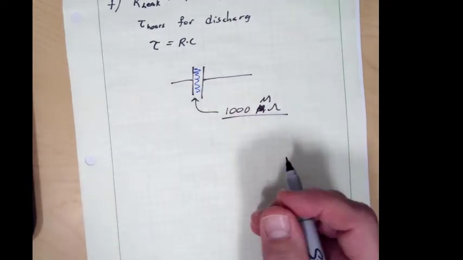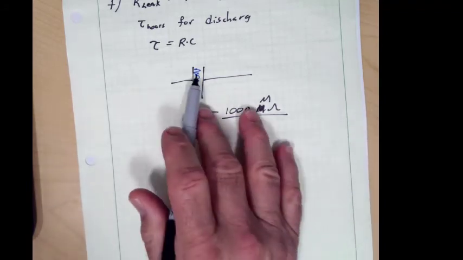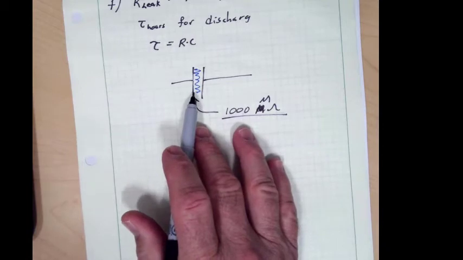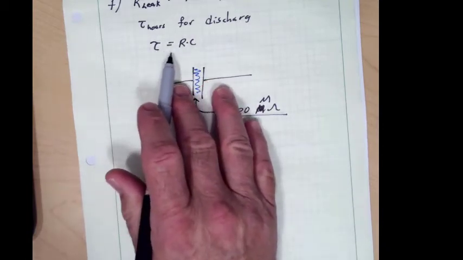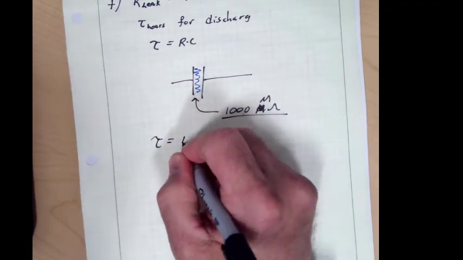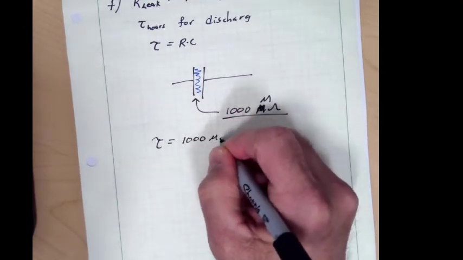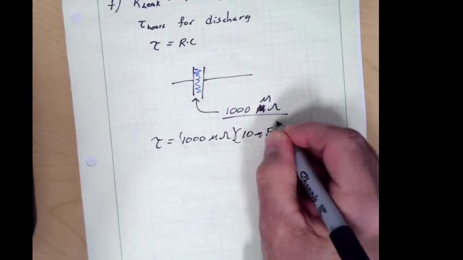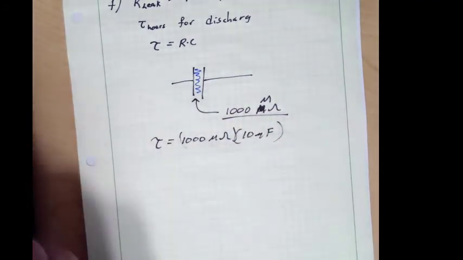So I pull the capacitor out of the circuit. It's going to discharge between the two plates at a time constant of R times C. So tau is 1,000 megohm times 10 microfarads.